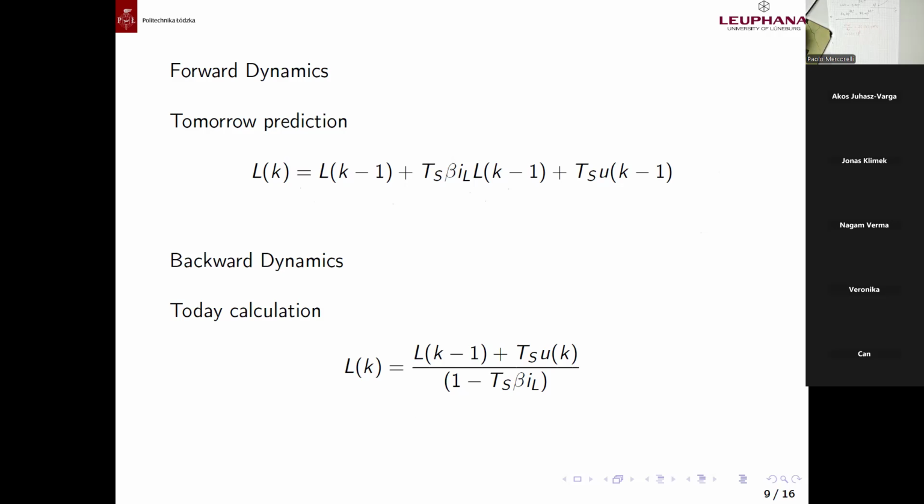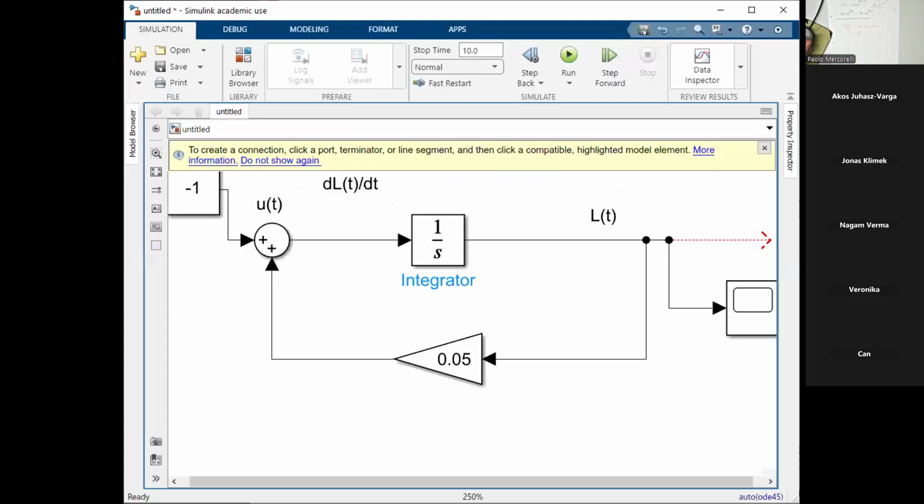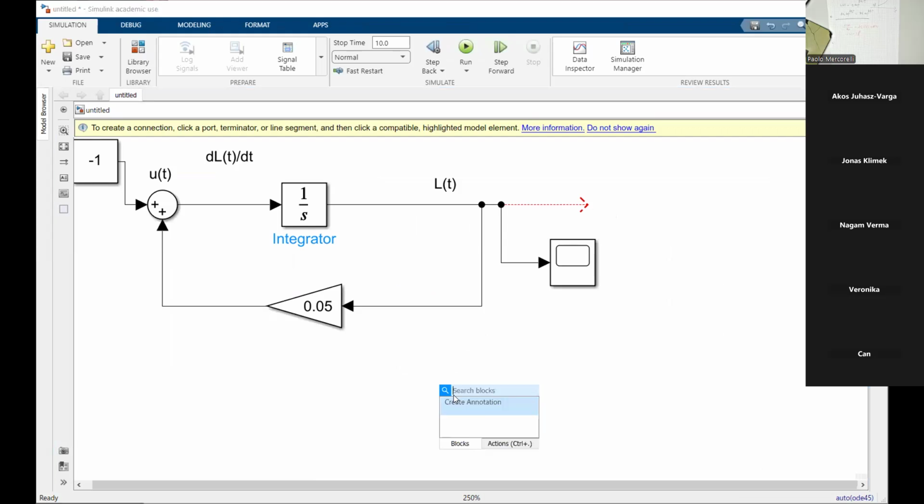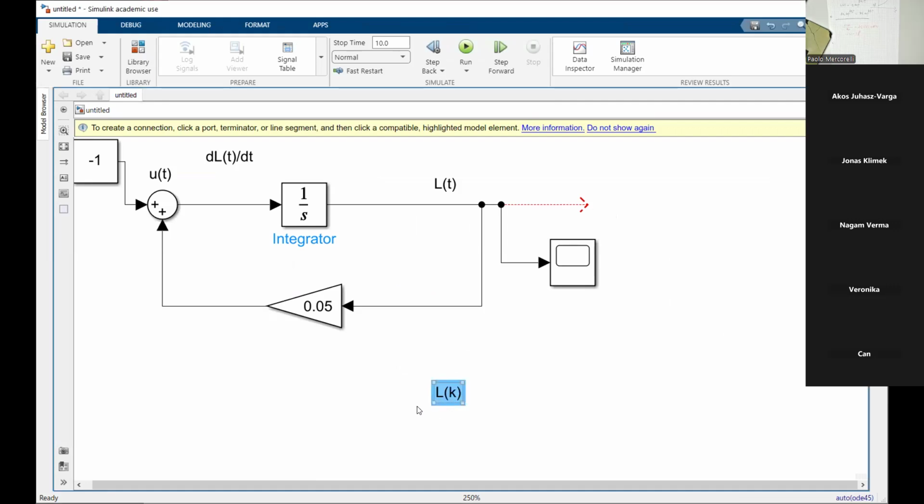I will simulate here. Okay. If here I have L of k, at this moment it's quite abstract. What is the meaning of this?